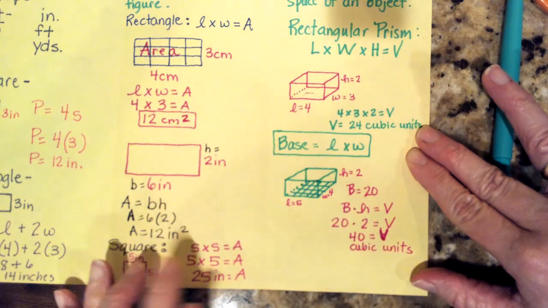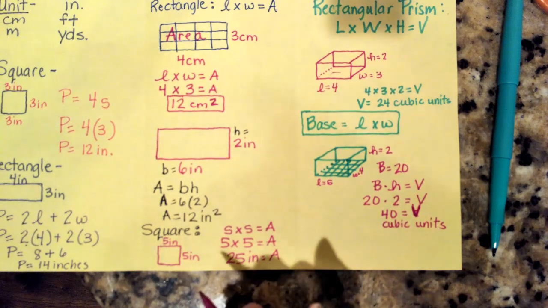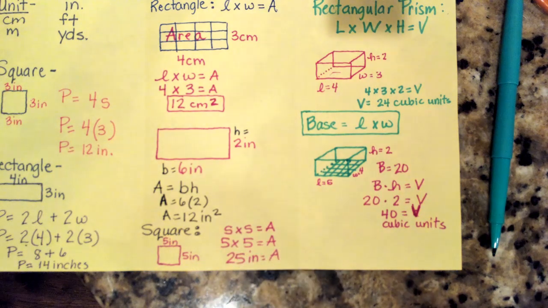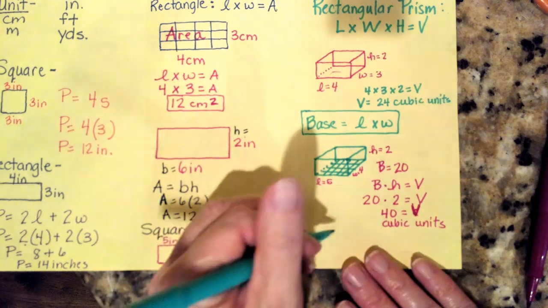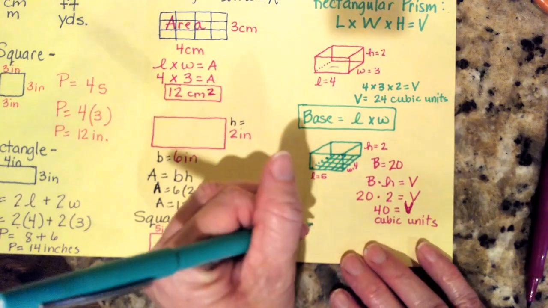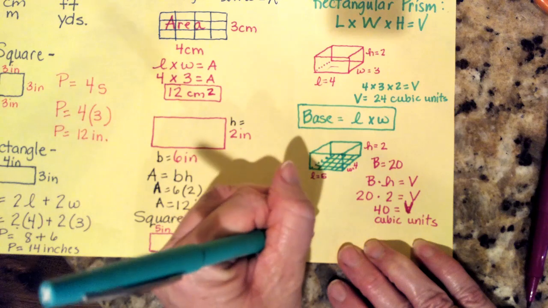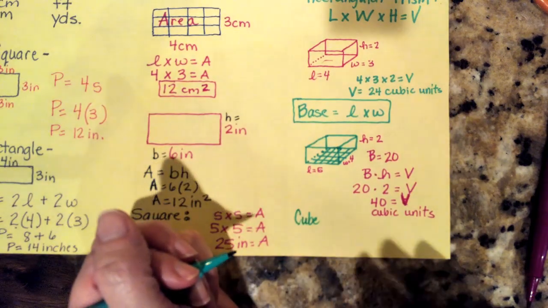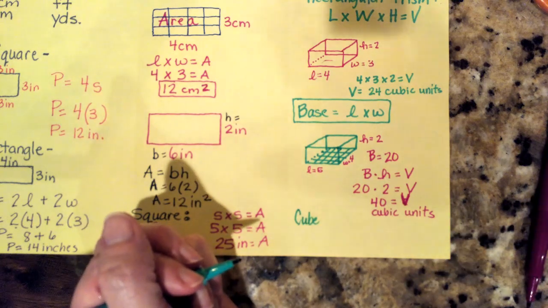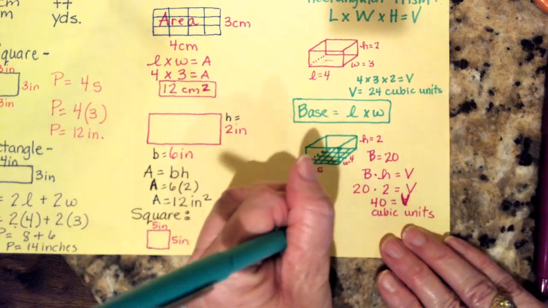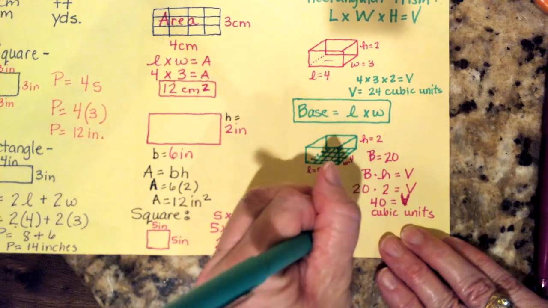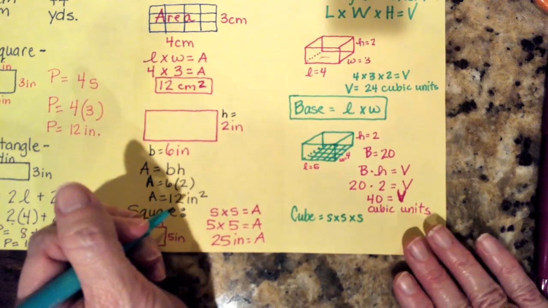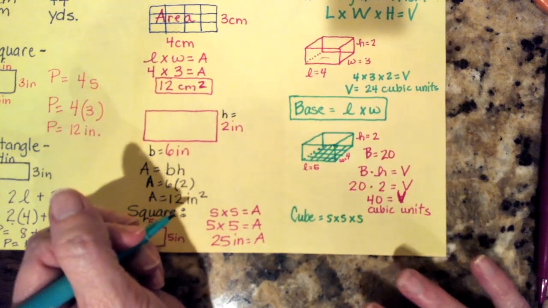Okay? All right, so don't let that base throw you off. It's actually just making your job easier when they give you the base. And finally, we have our cube. So the one thing you have to remember about a cube is it's just really made up of only squares, and we know that squares have all the same sides, so a cube is going to have all the same measurement. In that case, we would use the side times side times side formula to help us figure that out, which is really just the length times the width times the height.